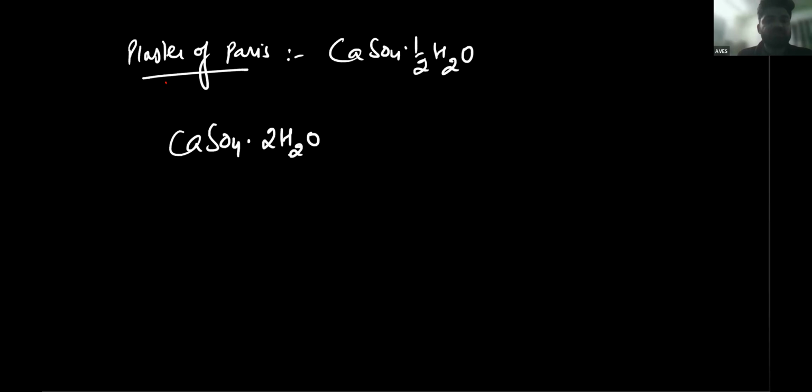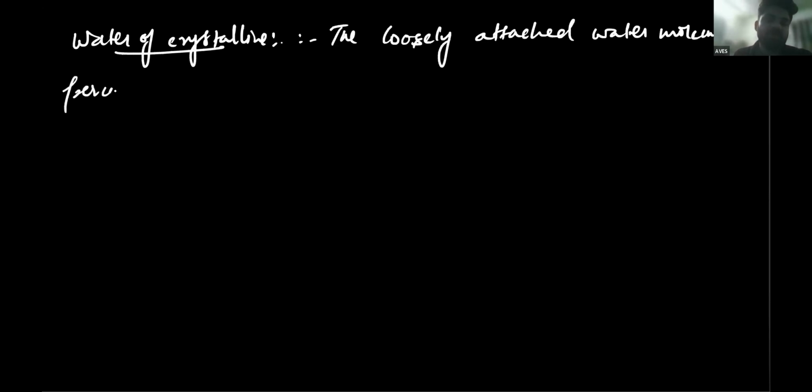Before discussing this one, let me discuss what this dot 2H2O is. This is called water of crystallization. What is water of crystallization? The loosely attached water molecule per unit formula of the compound.